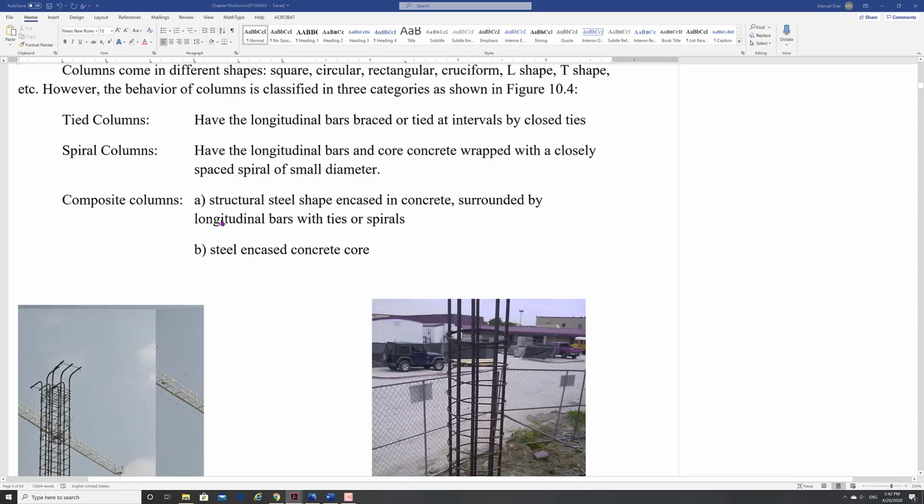And then, of course, there are composite columns, and these are structural shapes that are encased in concrete. You can have an I shape and put concrete around it, or you can have a tube-type steel member and put concrete inside it.